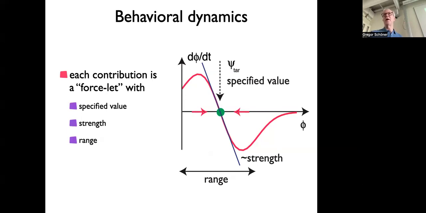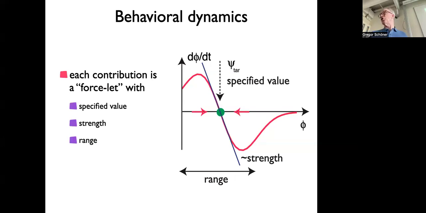They have a zero crossing, which would be the attractor or repeller. The strength of those is the slope at the attractor or repeller. You learned that last week. So the relaxation time is 1 over the slope. Something strong is something that's fast, so it has a lot of influence, and that's a very steep function that makes a large rate of change. So the slope is a measure of the strength.